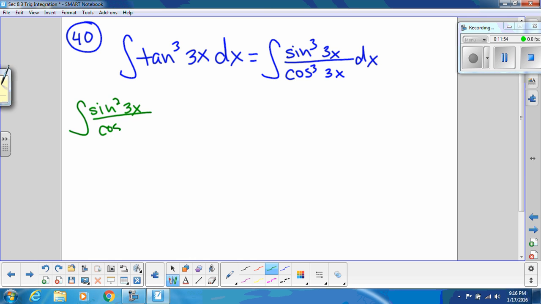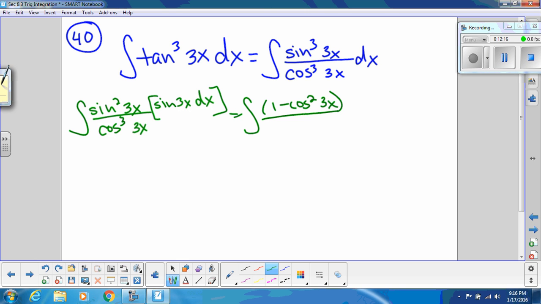I still have the cosine cubed in the denominator, but what I have out here is the sine of 3x dx. That's going to represent my du. So I'm going to change my sine squared into a 1 minus cosine squared, and all of that is going to be over cosine cubed. I still have my du part.